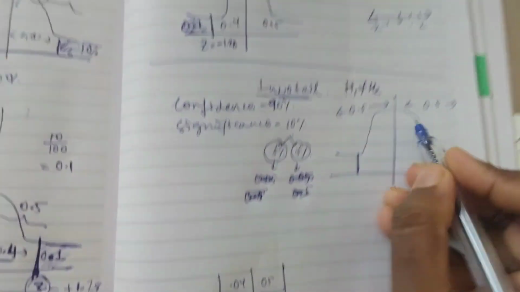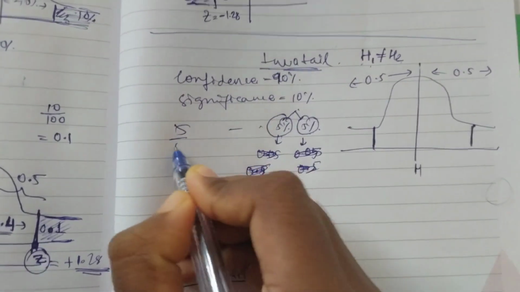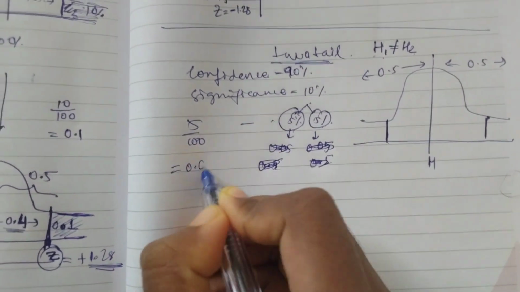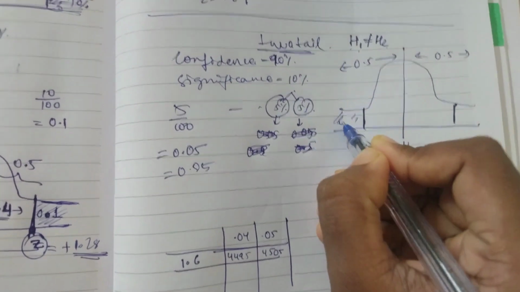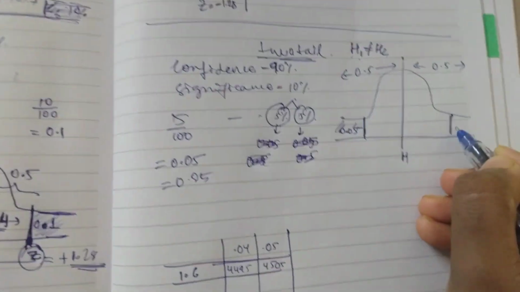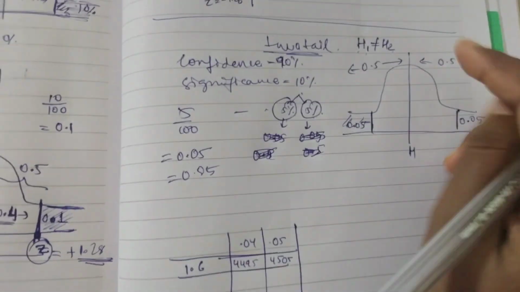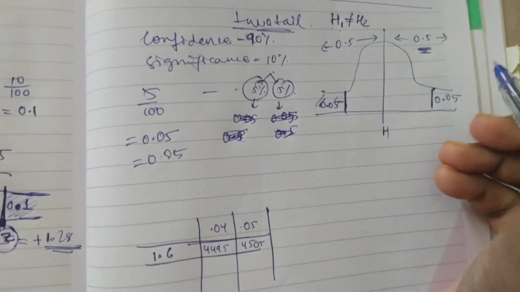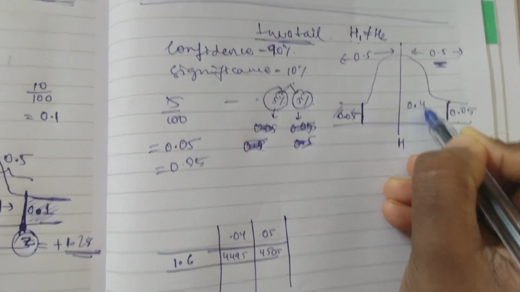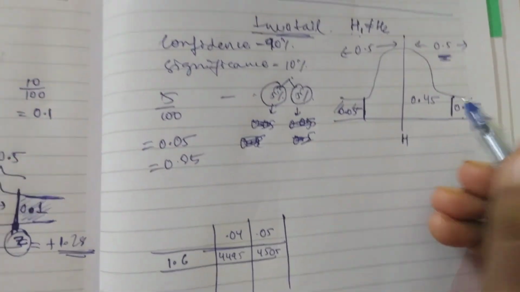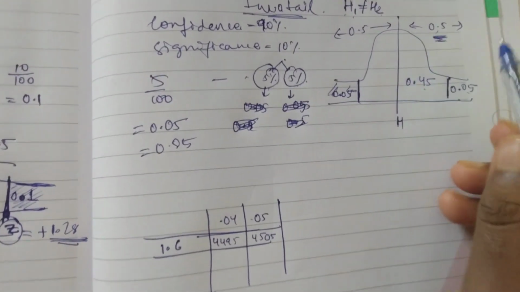This 5%, which is 5 divided by 100, which is 0.05, and the other also 0.05. So this side it is 0.05 and this side it is 0.05. 0.5 minus 0.05 equals 0.45. Okay, easy. 45 plus 5 equals 50.